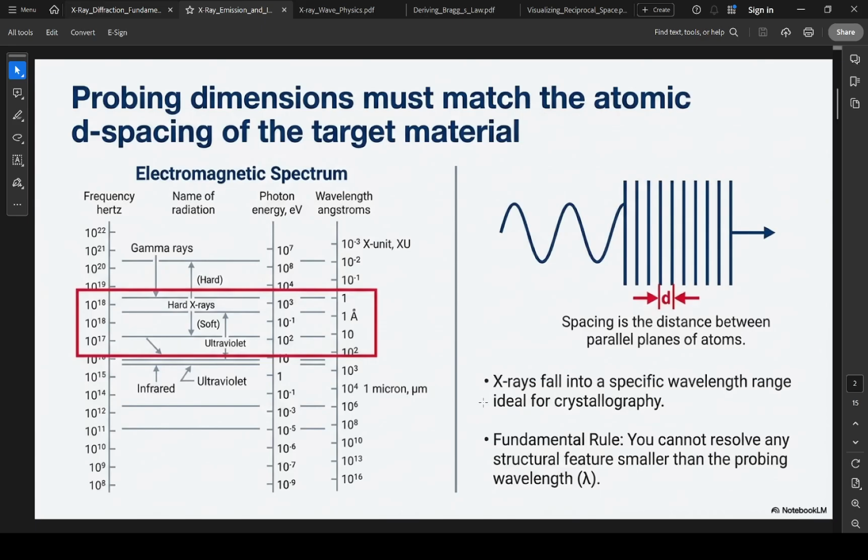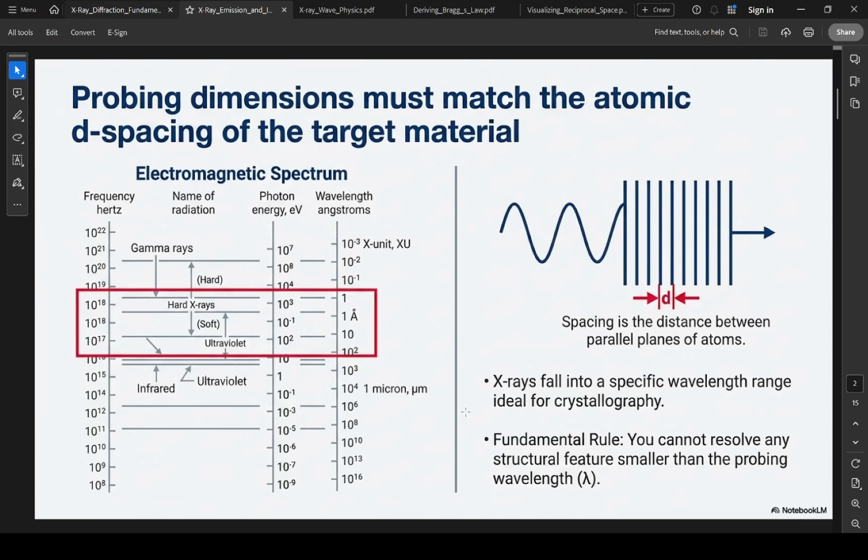Your crystal planes have a spacing in the range of angstroms. And the fundamental rule is that you cannot resolve any structural feature that is smaller than the probing wavelength lambda.